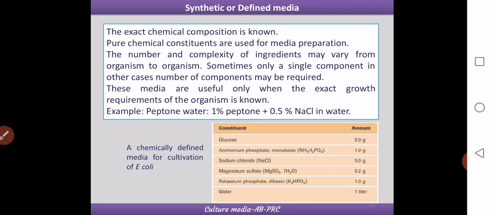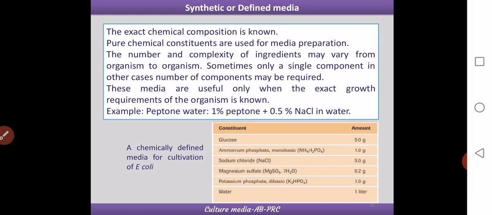Then the third class, a defined media or a synthetic media. As the term itself indicates, this is the media in which the exact chemical composition is known. So those who are preparing the media know what the components are and what component will provide the energy source, what will provide the carbon source, like that. So pure chemical substances are usually preferred for the preparation.